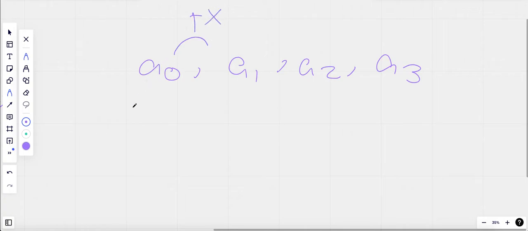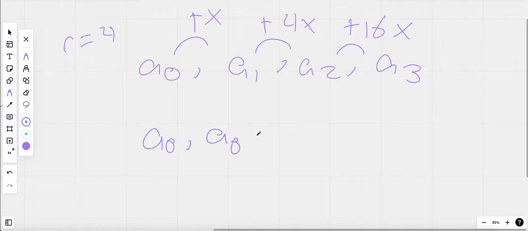But this time, I'm going to say that the common ratio between differences is 4. So now the difference between these two is 4x, and the difference between these two is 16x. And again, I'm going to rewrite all of these terms in terms of the first term, so this is what I'll get.